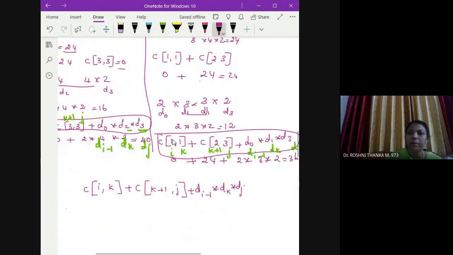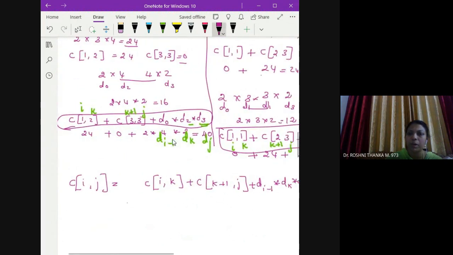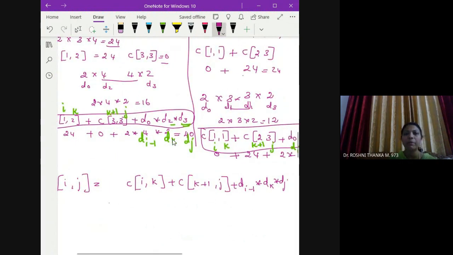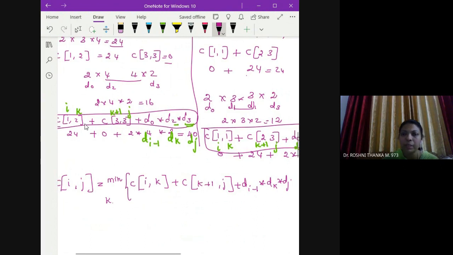So whenever I am multiplying different matrices, I have to take the minimum value. And I should also say what the k value is. In this example, the k value will be greater than or equal to I, and the k value should be less than j. So that is how it will be coming.